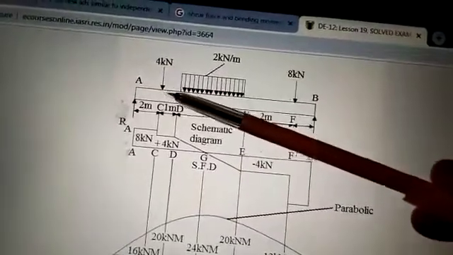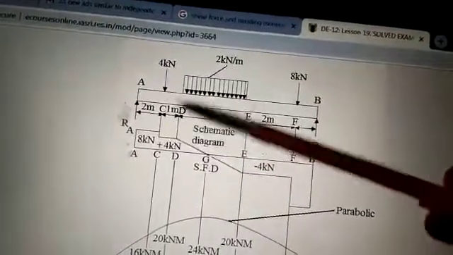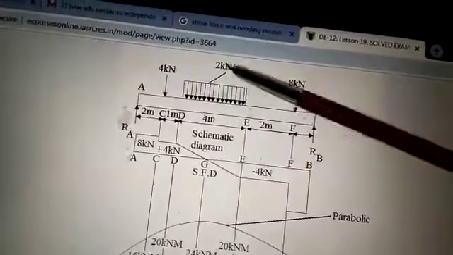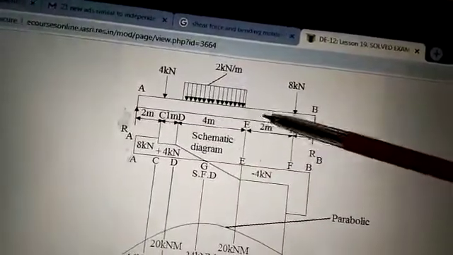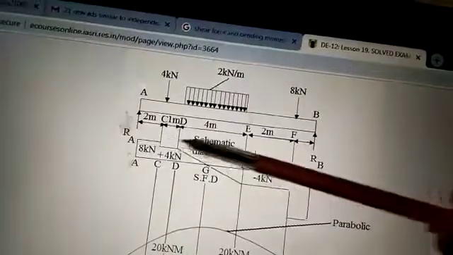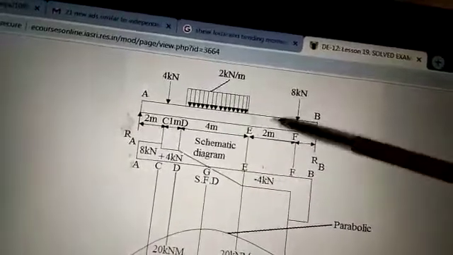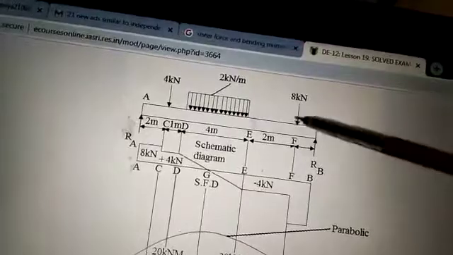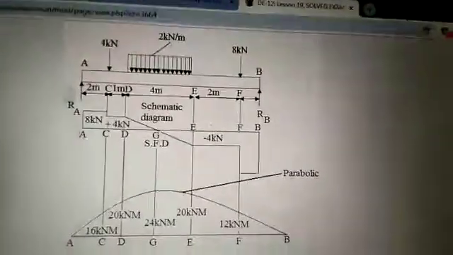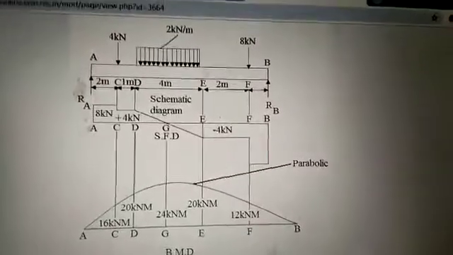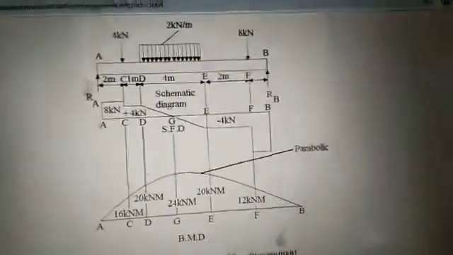Then we considered the XX section here from A, and in between these points. In this way, the section XX is considered between different points.